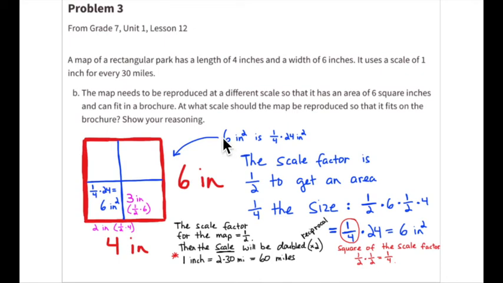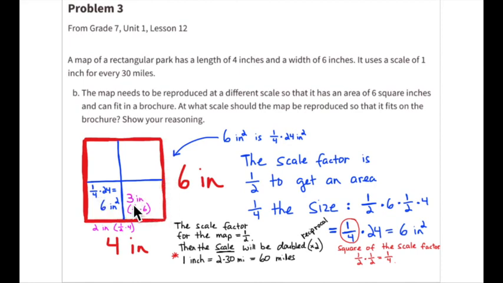All right, so if you're going from 24 square inches to 6 square inches, 6 out of 24 is 1/4. So 1/4 of 24 is equal to the 6 square inches. So you take 1/4 of this map, so that's just this area right here. That means that what you're doing is taking half of 6.